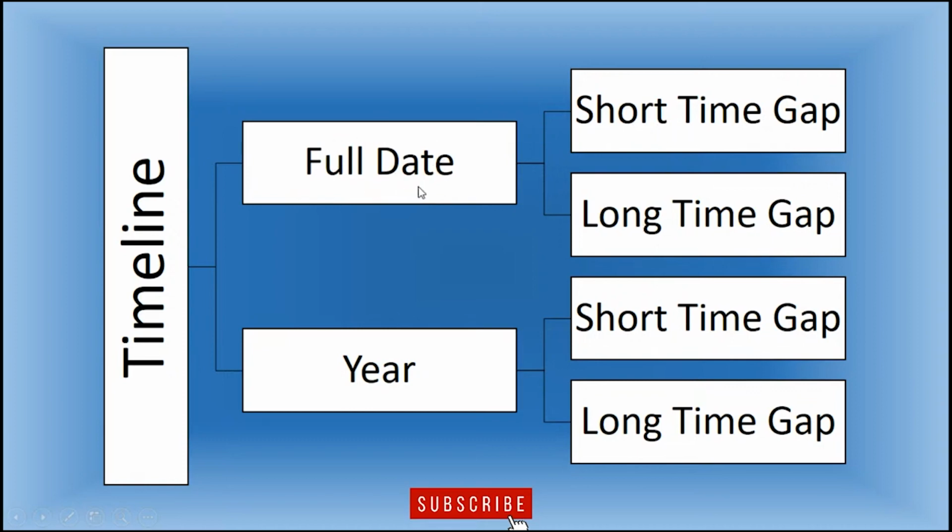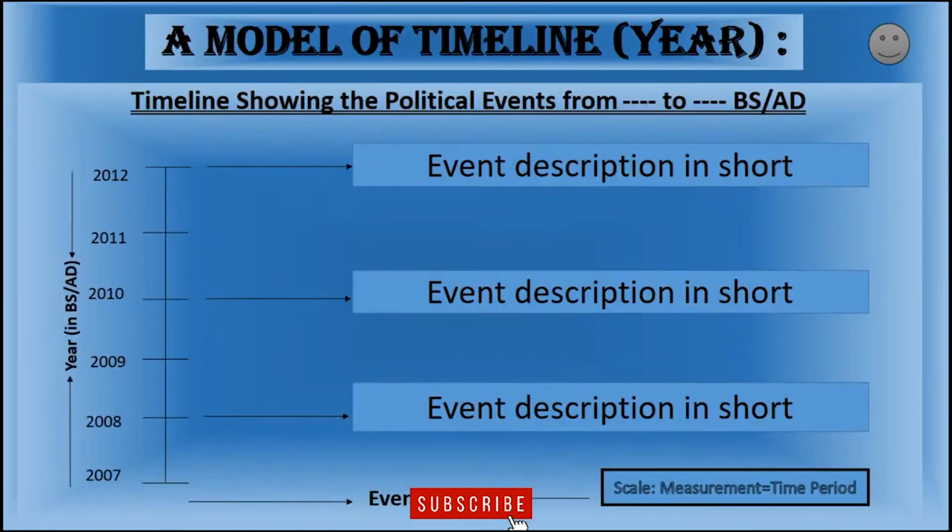Having full date, if there is a short time gap, it is easy to prepare the timeline. Having full date, if there is a long time gap, there can be some idea, you can use it. Not so difficult, but you can use the idea. And the timeline having year also may have short time gap and long time gap. Now let's go to the next slide.